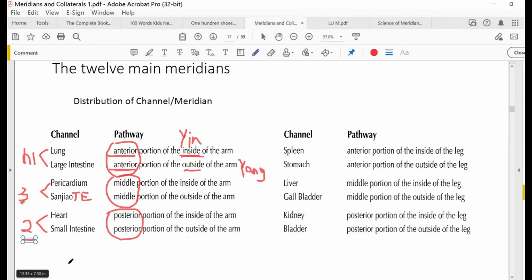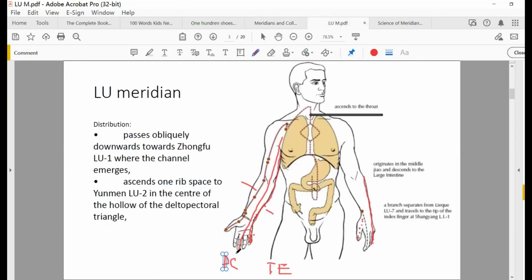It would be the middle. Yeah, in the middle. And inside means the yin portion, outside means the yang. Okay, so this part, is it the yin part of the arm or the yang part of the arm? This region. Yang part.